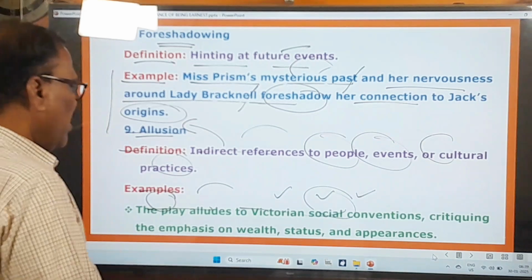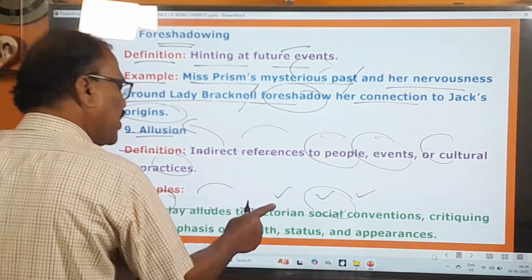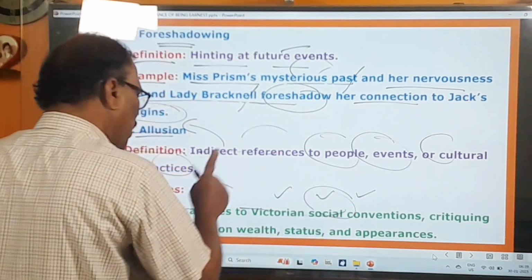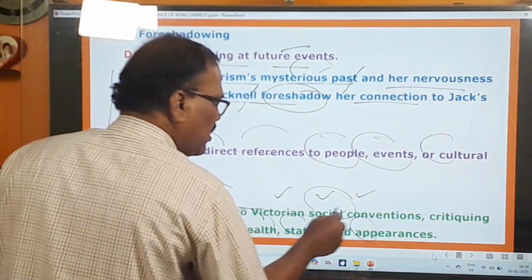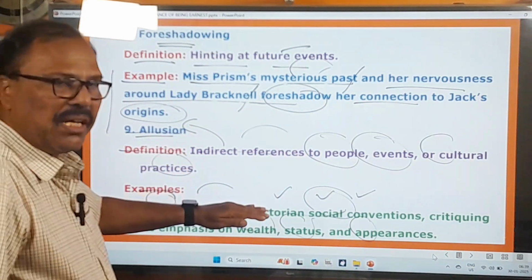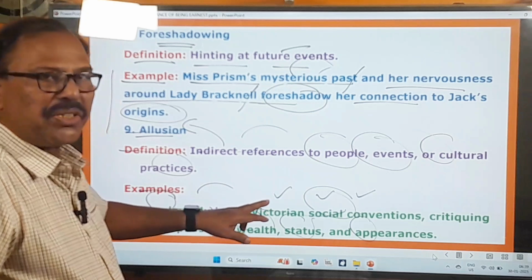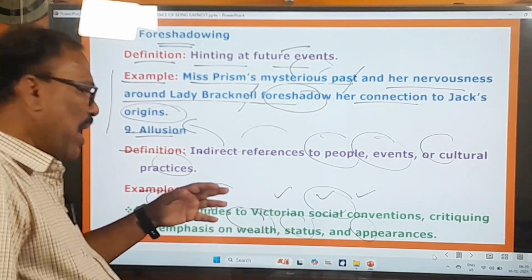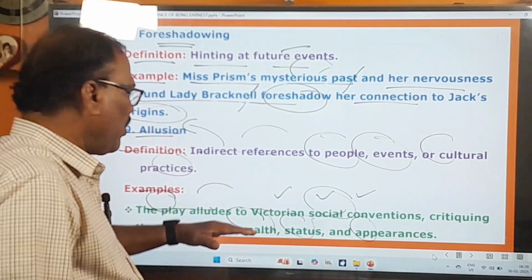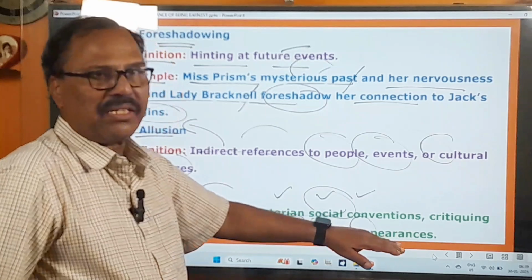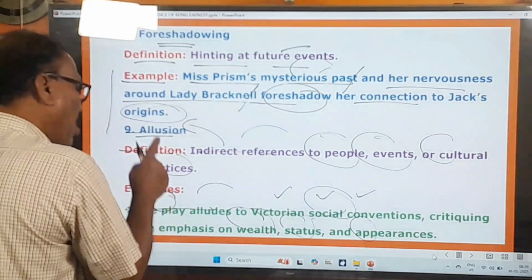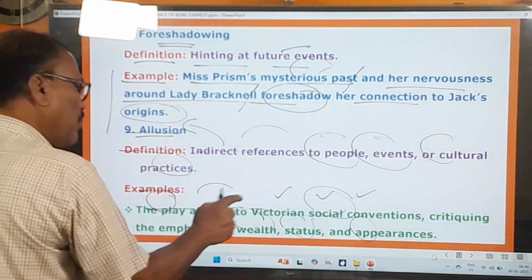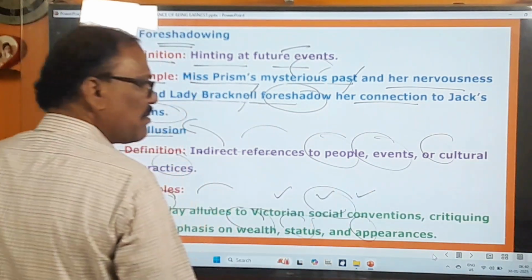So in this play these Victorian social conventions are alluded to, critiquing the emphasis on wealth, status and appearance, because in those days the people of this Victorian society had given top priority only to wealth, status and appearances. Therefore, in this drama, the writer Oscar Wilde alludes to Victorian social conventions, right?